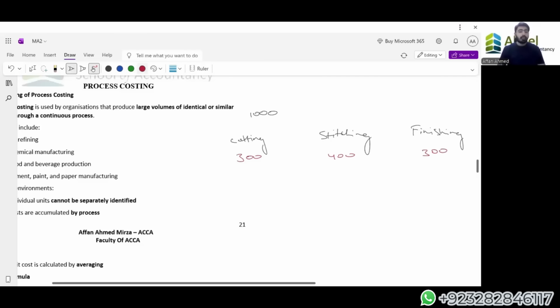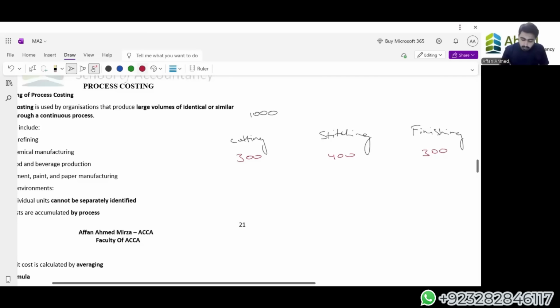In process costing, the main thing we have to identify is the cost per process. If you're cutting 300 units, what was the total cost incurred in the cutting of those goods? If we can identify the cost of cutting, we can reasonably divide it on an average basis over the number of units produced.